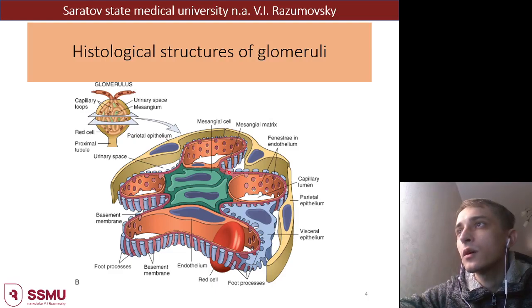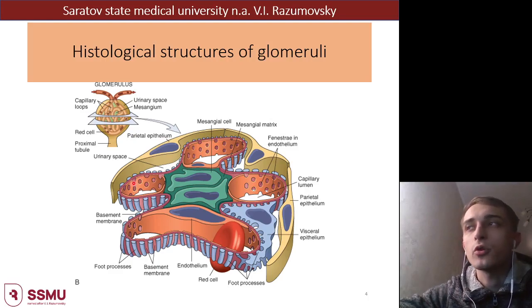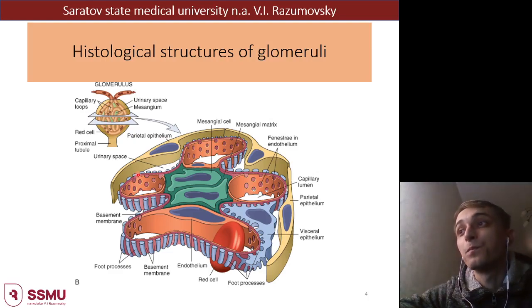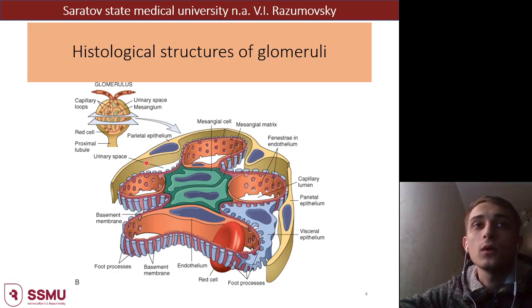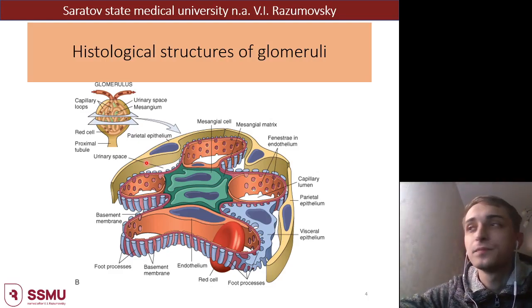In this place we may see accumulation of primary urine, and after that it will lead to tubes, and we may see processes of reabsorption. That's why the primary urine contains a lot of necessary products like ions, like proteins, and so on. And in the tubes, all these products will be reabsorbed.